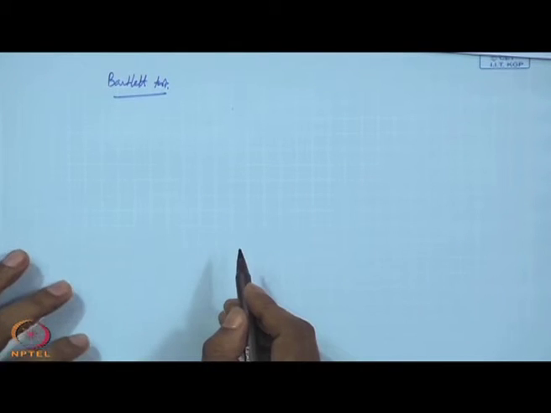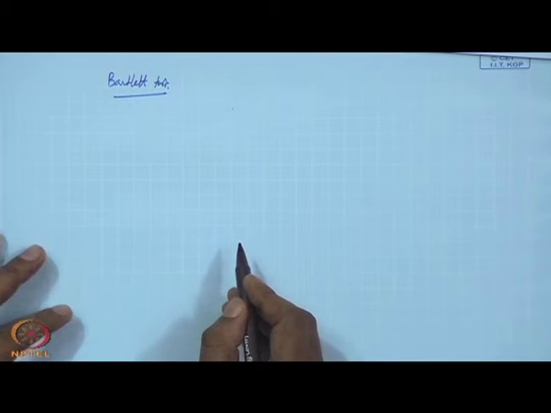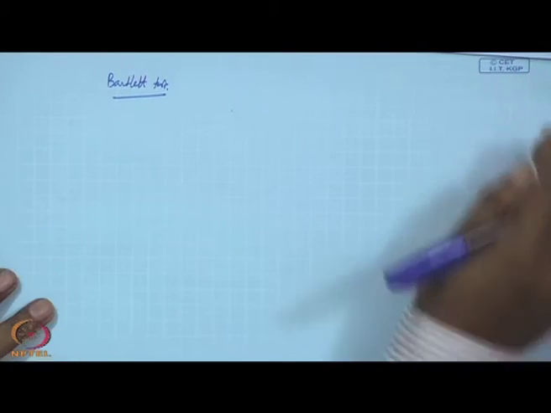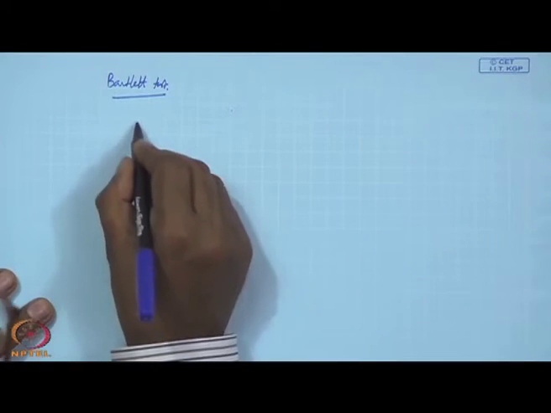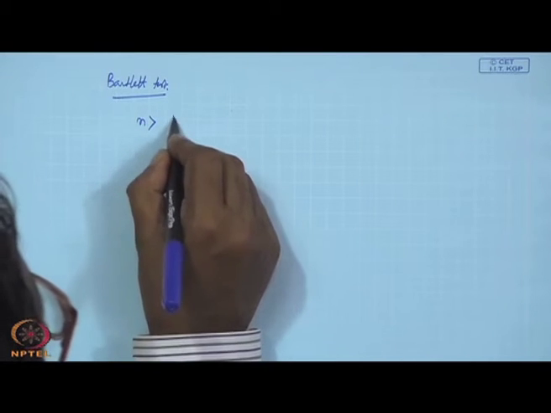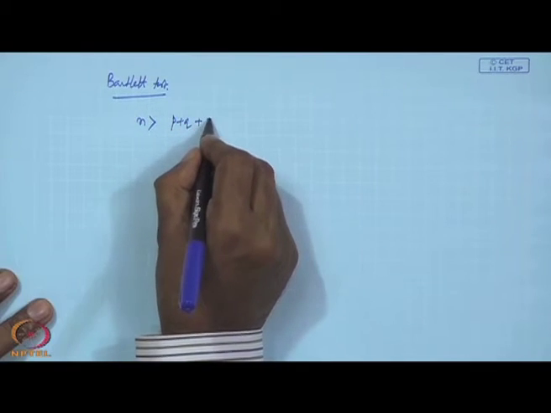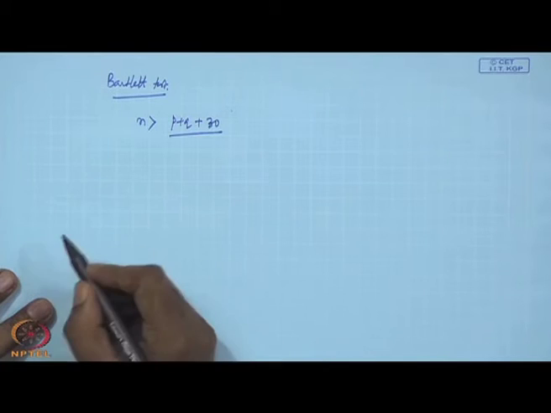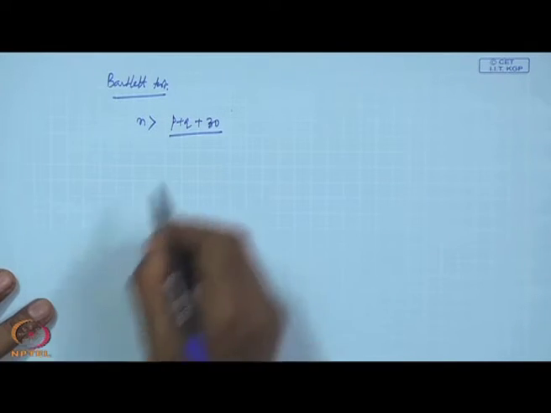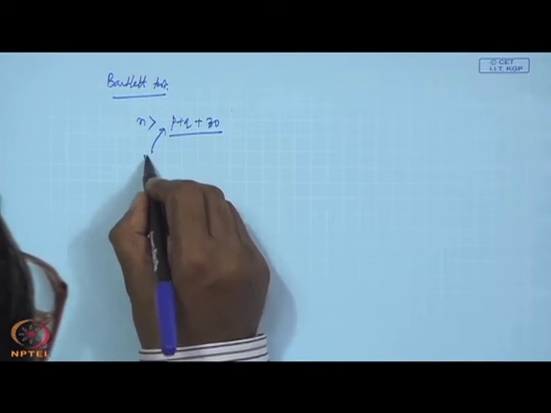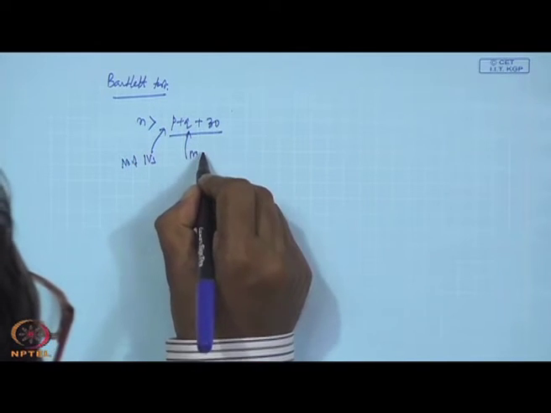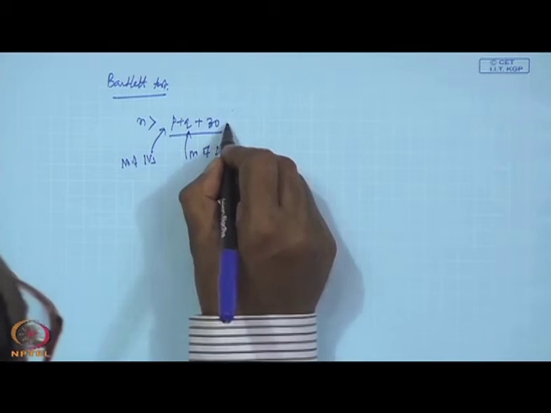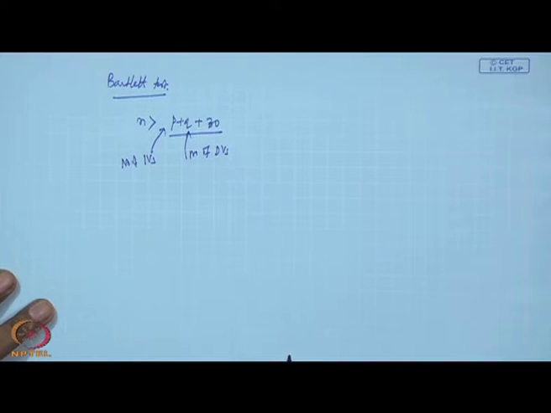It says that if your sample size is small, the Bartlett test will not work. So, it says that n must be greater than p plus q plus 30. What is p? P is the number of IVs, q is the number of DVs, and plus 30. This is the case.